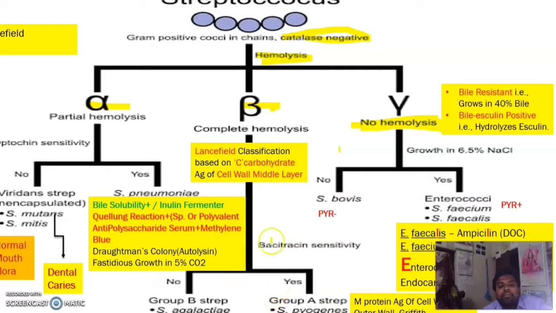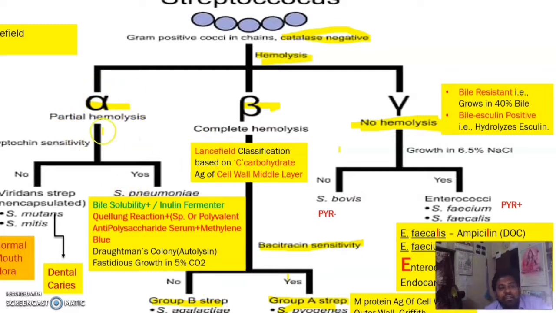Then according to bacitracin sensitivity, if it is bacitracin sensitive, then it is group A beta hemolytic streptococcus, that is Streptococcus pyogenes. If it is not bacitracin sensitive, then it is group B streptococcus, that is Streptococcus agalactiae. This gives the CAMP reaction, Christie, Atkins, Munch-Petersen.